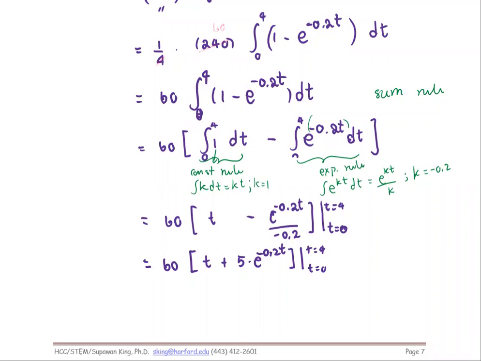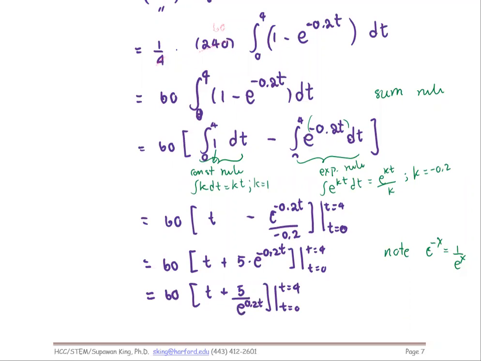When you have the exponential in negative form, I'm going to put a note here: e to the power negative x is the same as 1 over e to the power x. You can leave it this way or write it in reciprocal form. If you want to deal with a positive power, you can write it as t plus 5 over e to the 0.2t, evaluated from t equals 0 to t equals 4.